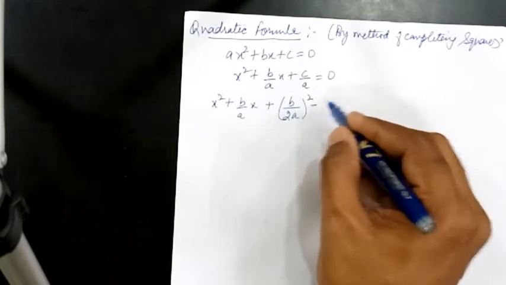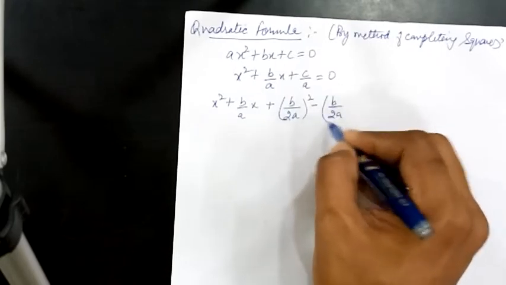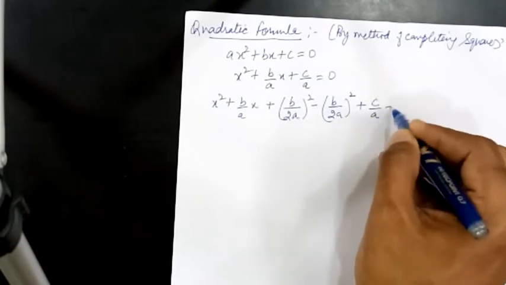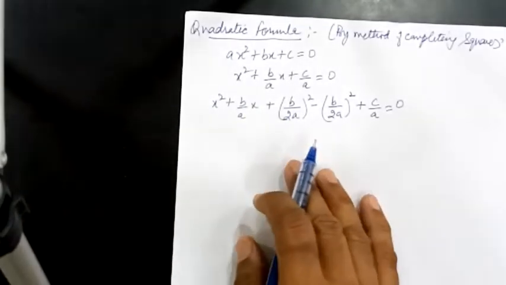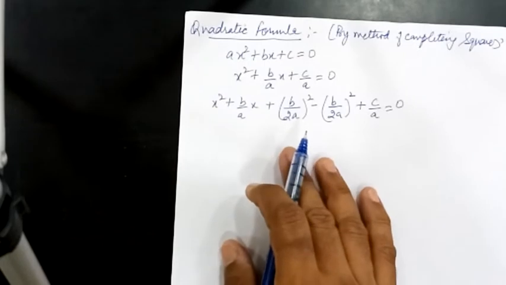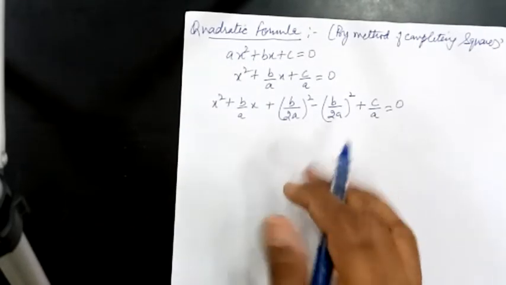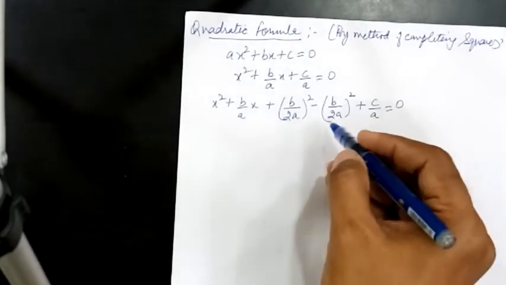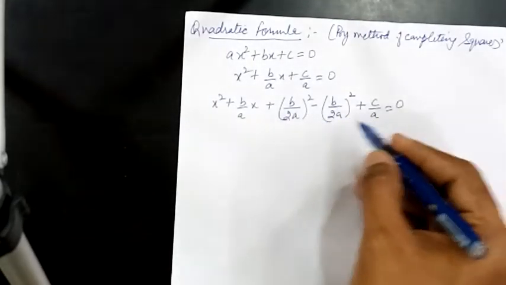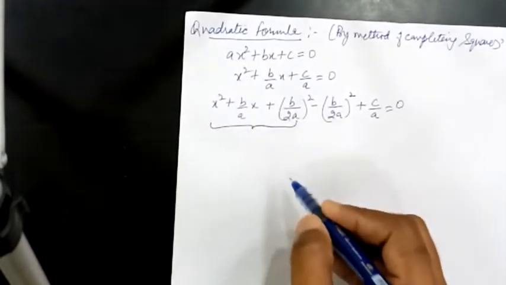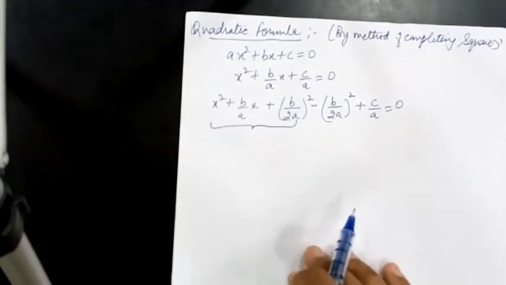Once you add it, also take its negative, the additive inverse. So it will neutralize the fact, as you are adding and subtracting the same. Now you just try to solve it out. Add these three.